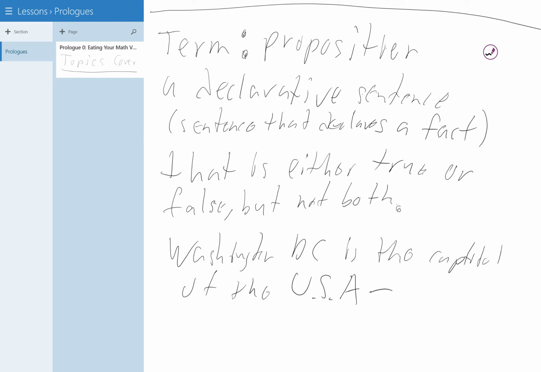Is this a proposition? Yes, it is, because it declares a fact. Now we know it's a proposition, the next question is: is this proposition true or is it false? Well, in this case, it's true.